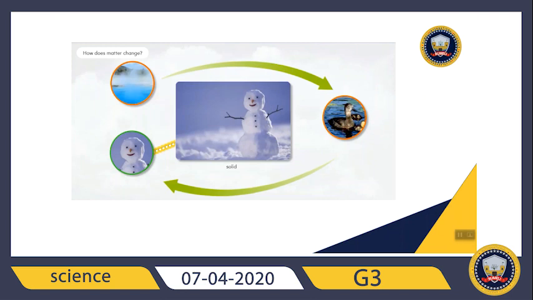This process happens when water freezes and cools down to 0 degrees Celsius. So water at 20-30 degrees Celsius is in this situation, and when it cools down to 0 degrees Celsius, it freezes.